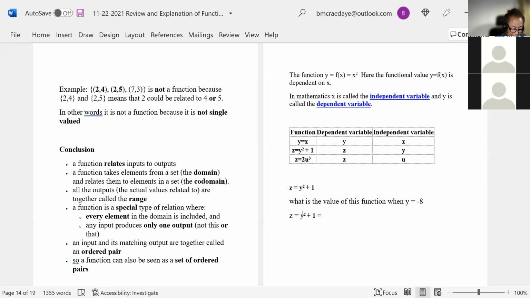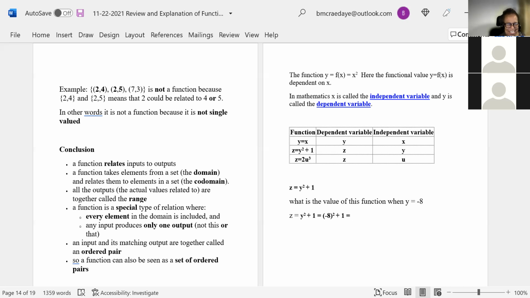64 times 1 plus 1. So that's going to be a minus 8 squared for the Y, right? So let's just put the minus 8 for the Y, right? And what's a minus 8 times a minus 8? No, minus 8 times a minus 8.